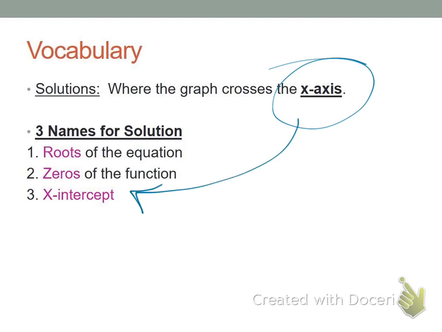Okay? Now, there are two other names for these solutions. They're also called zeros. They're called zeros because when you're talking about an x-intercept, the y-coordinate is always a 0. So solutions, x-intercepts, we understand, come from the idea of a point where the y-coordinate is always 0, so we call them zeros of the function.